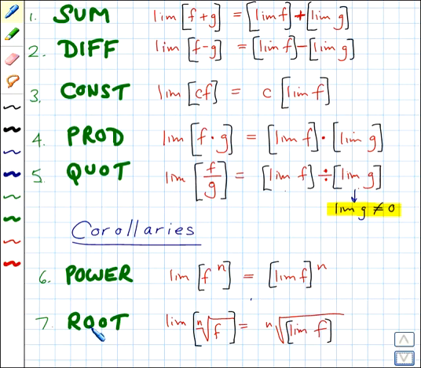And with taking roots like square root or cube root, the limit of the nth root of a function is equal to the nth root of the limit of the function. I'll give you some time to look at these 5 laws and the 2 corollaries.